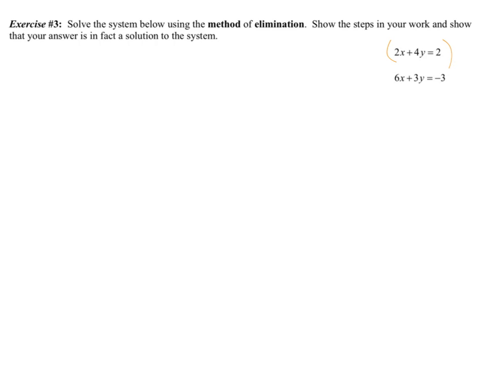If I want to get rid of the x's, I can multiply 2 by 3 to get 6x, but in order to eliminate, I have to actually make it a negative 6. So that becomes negative 6x minus 12y equals negative 6.